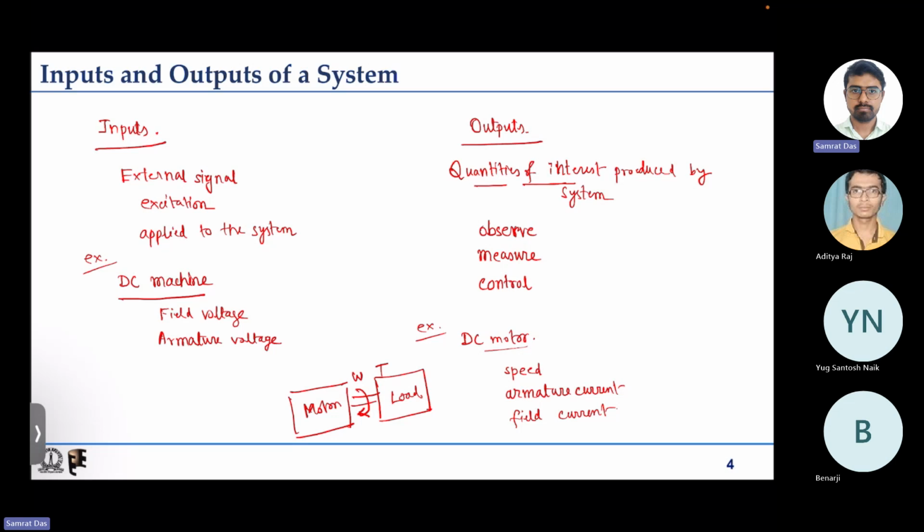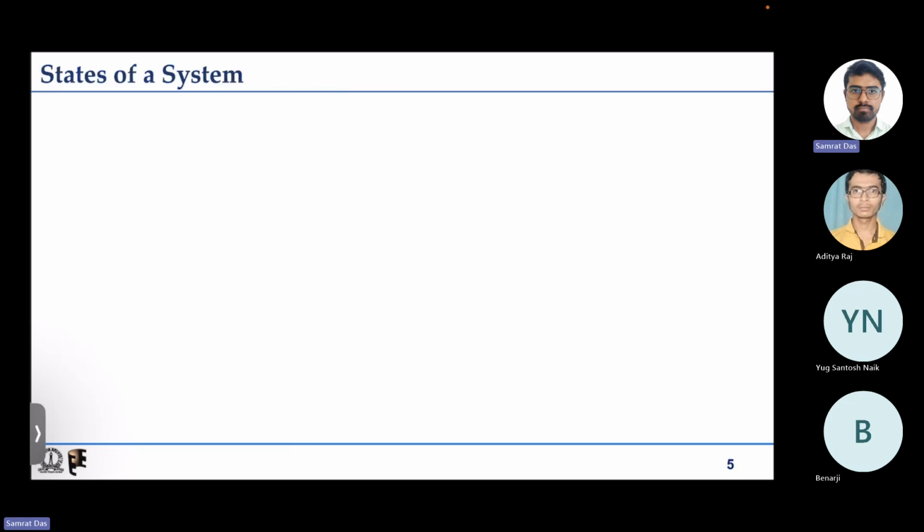Now, if we look into dynamic systems, what is the opposite form of dynamic? It is static. So static systems and dynamic systems are the two major types if we want to classify systems.